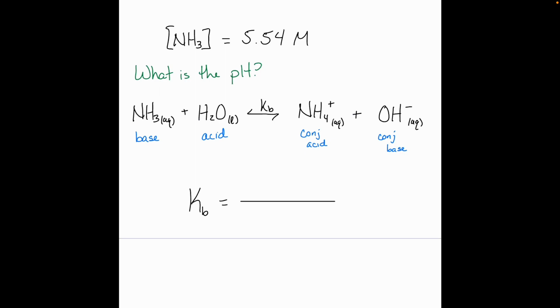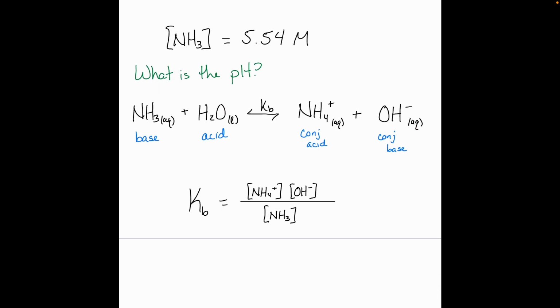What do we remember? What over what? Products over reactants. If you remember nothing from this course, I really hope you remember products over reactants. So we have our ammonium ion and our hydroxide ion, concentration of each, right? The brackets are concentration. And then on the bottom, I'm just going to have ammonia here. Why do I get to omit water? Because of the liquid. Aqueous or gaseous will appear in your equilibrium expression. Solids or liquids do not.